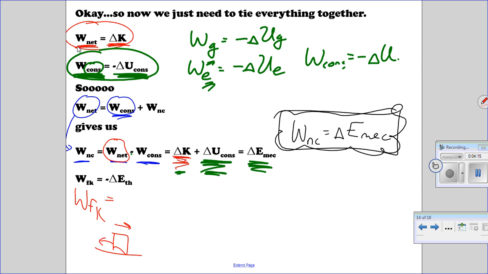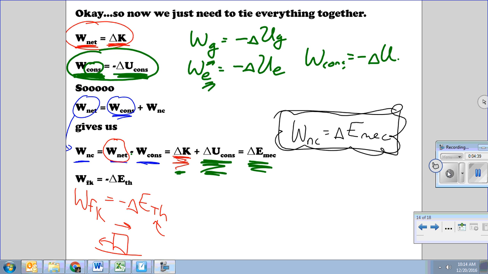So you're going to lose mechanical energy, and in return, you gain thermal energy. Okay? So the work by friction is negative, so that makes this positive. Okay? So this E_th is thermal energy. All right. So that accounts for sort of where the energy goes when there's friction.